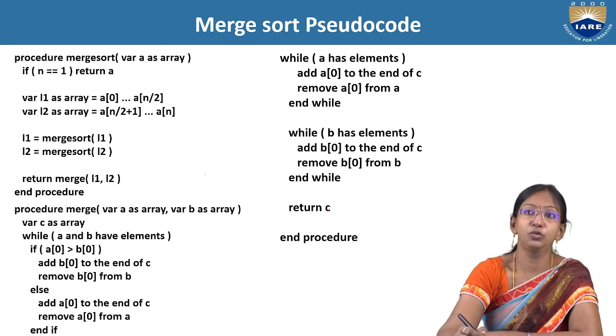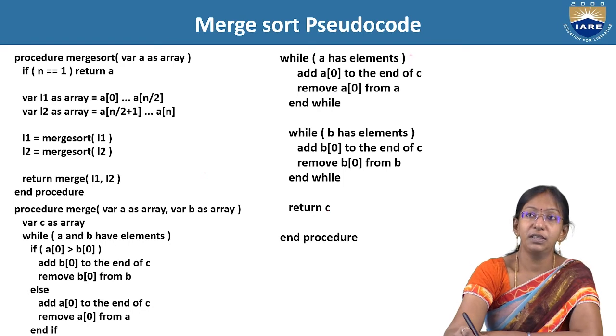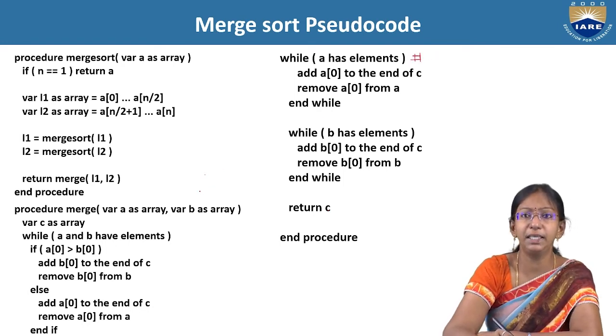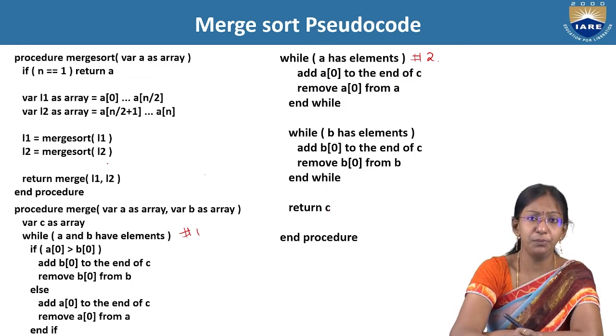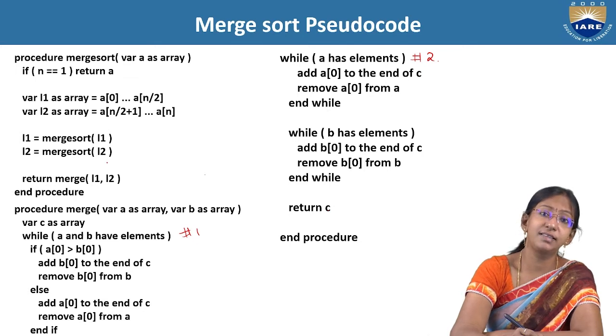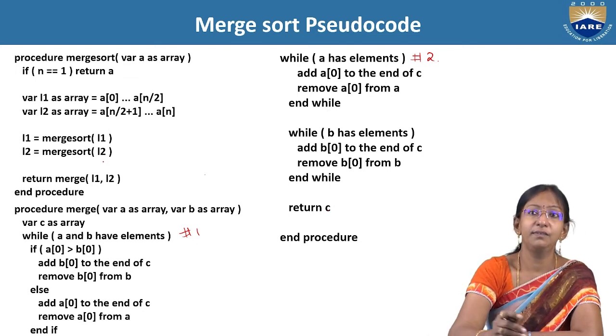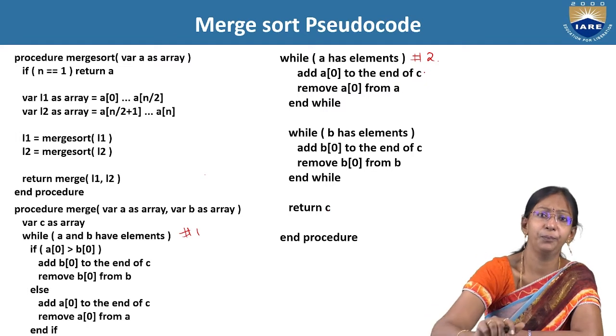Have a look at this pseudocode. Let me take the initial while loop as case 1, so that this becomes case 2: a case where list B has become empty and A is still having elements. When A is still having elements, just remove the elements from A and place them in C. Copy them.